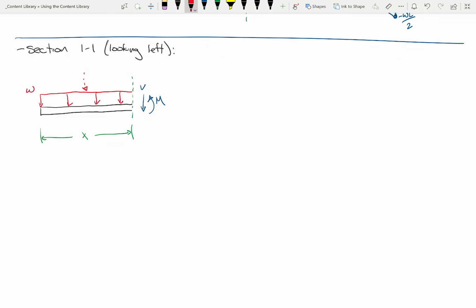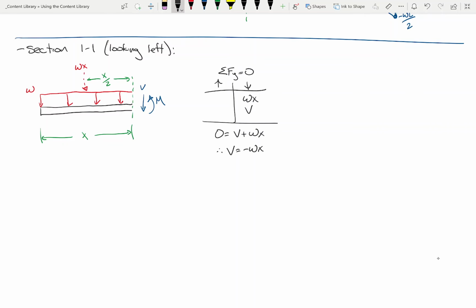How much is the point load? wx, times a moment arm of, and it's the same story, right? So I sum forces in the y direction. Do I have any upward forces? But I have a wx going down and a V going down, right?